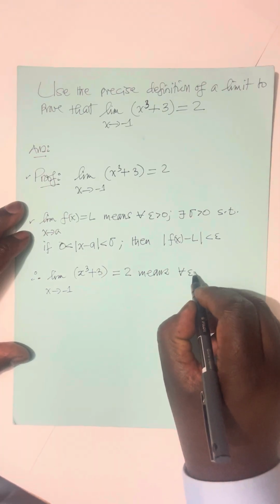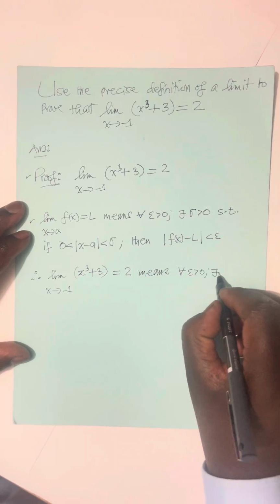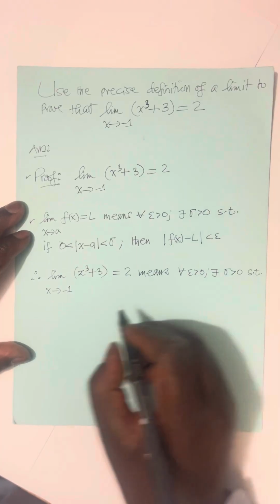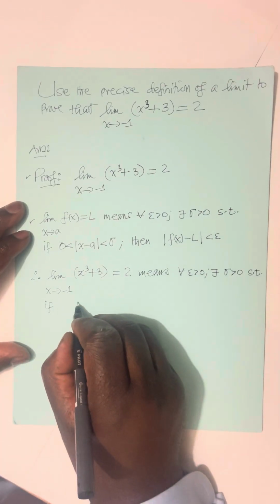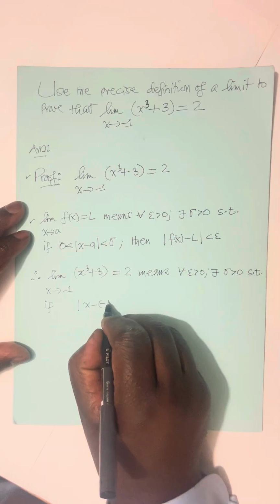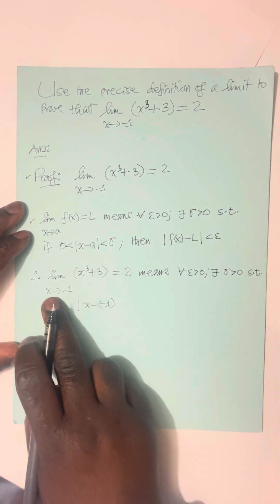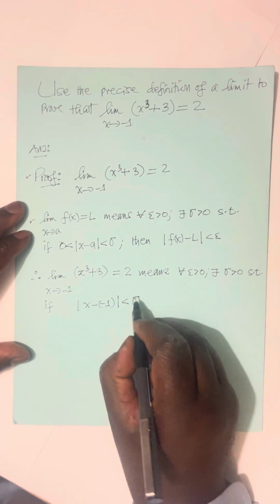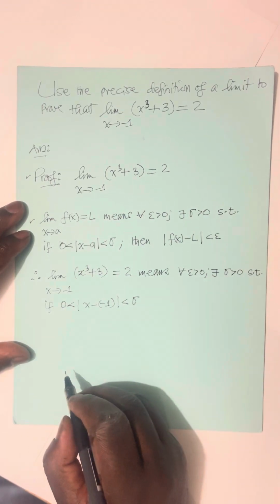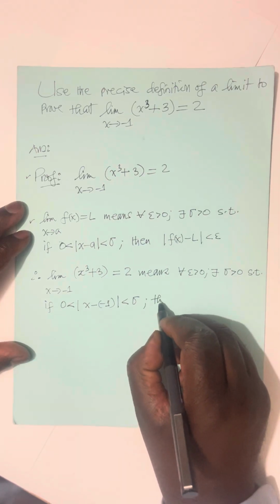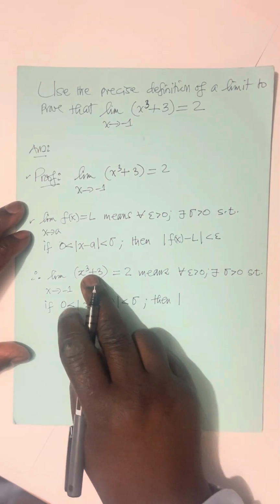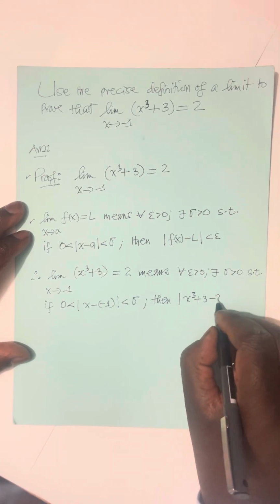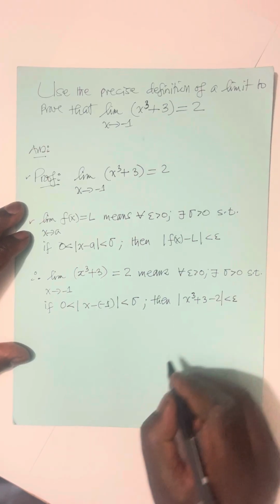for every epsilon greater than 0, there exists a delta greater than 0 such that if the absolute value of x minus minus 1, remember a is minus 1, the absolute value of this is less than delta but greater than 0, then the absolute value of the function x cubed plus 3 minus the limit should be less than epsilon.